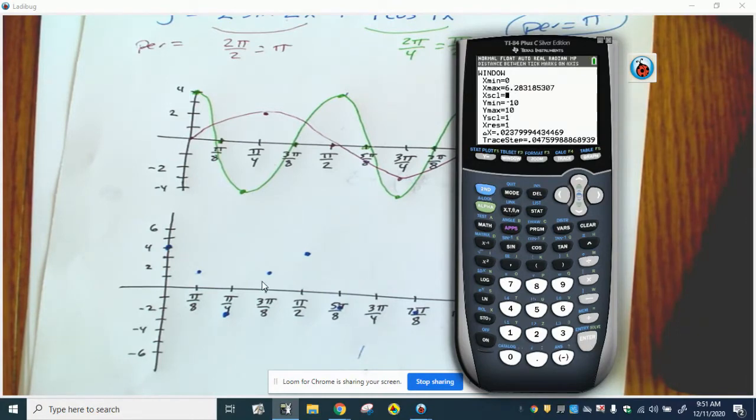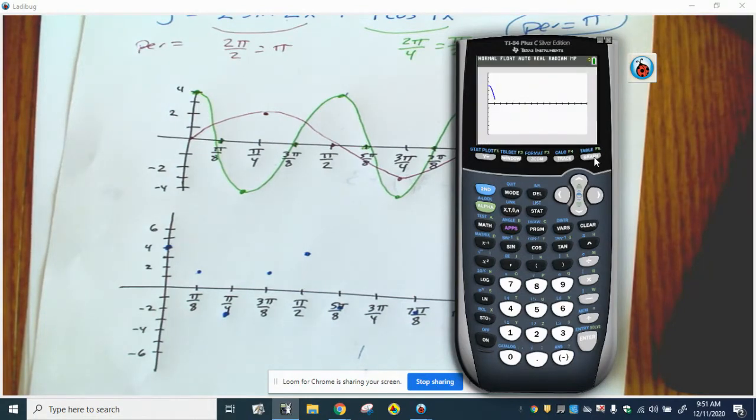Okay. Our scale is what are we counting by? Well, we want dashes every pi over 8 to help us find those points. And then our y min, y max, I'd probably go to 7 just to give us that little bit of a boundary. I know we're not going to get to 7, but that gives us that little cushion there.